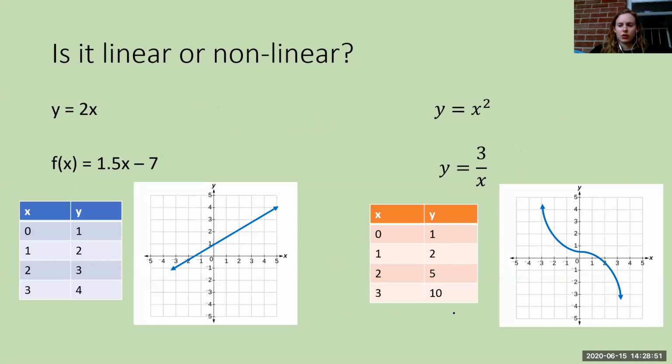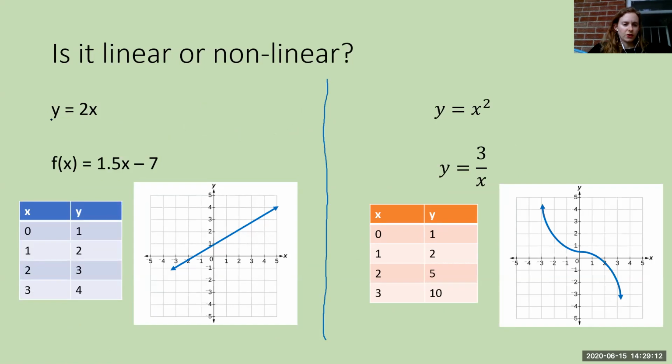Okay, so on this page we've got some examples of linear functions and nonlinear functions. Over on the left-hand side of the screen, these are all linear functions.